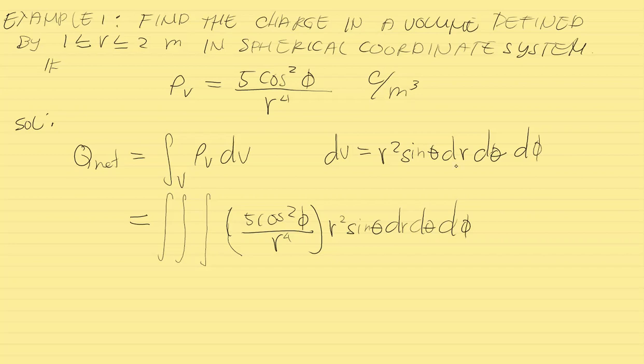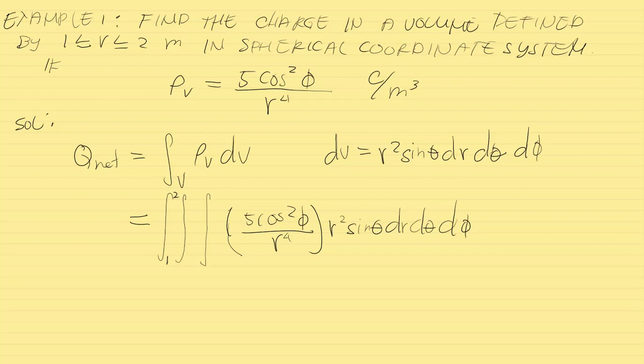Now, what will be our limit? Our limit will depend on the differentials. For dr, the limit is given: we want to determine from r equals 1 to 2 meters.